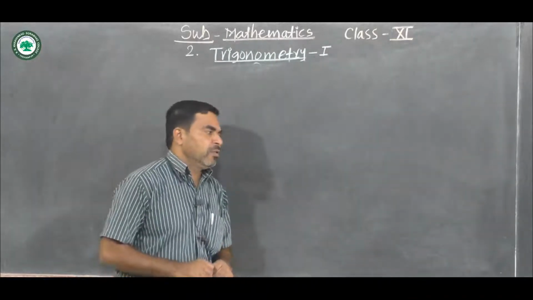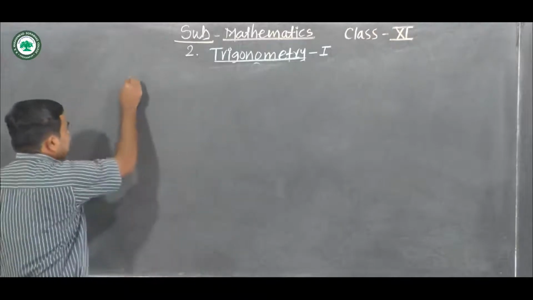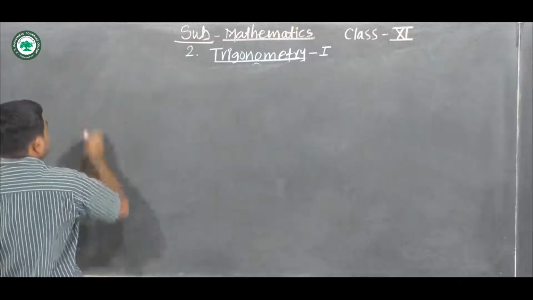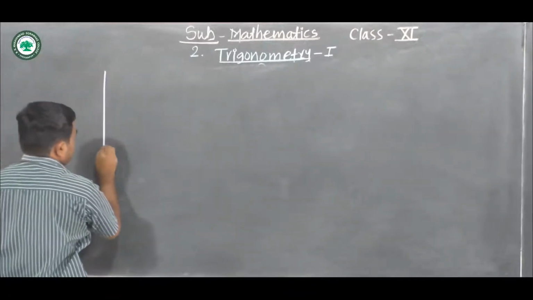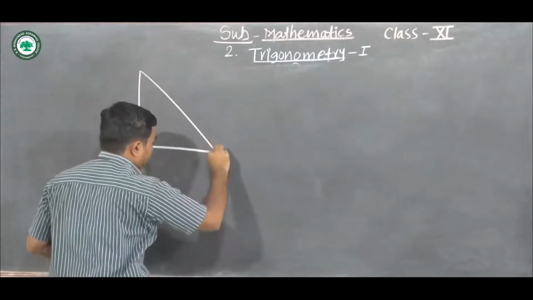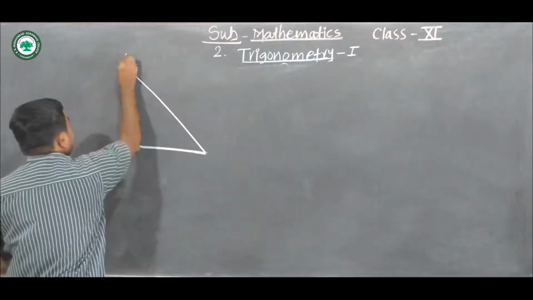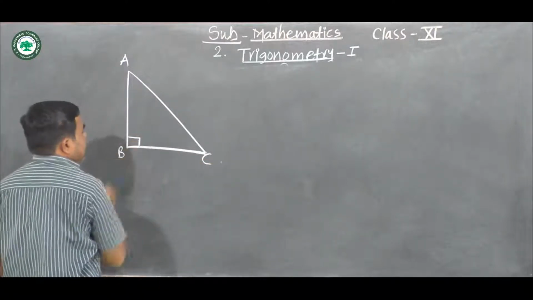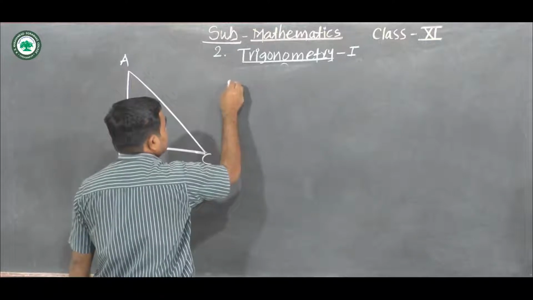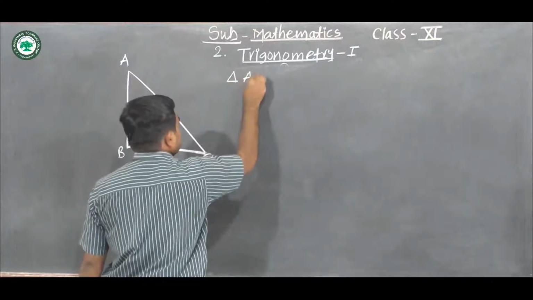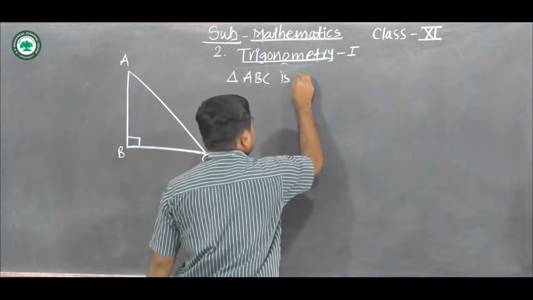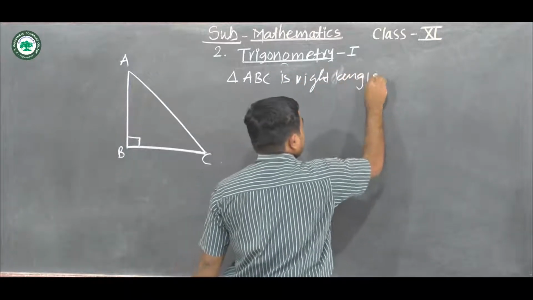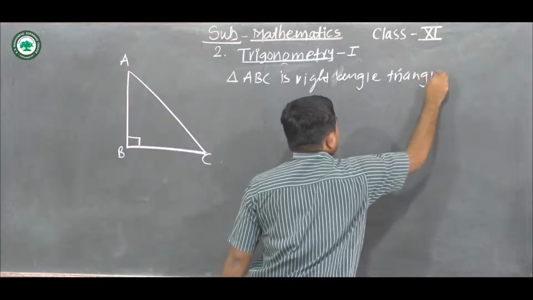in right angle triangle. If right angle triangle is given, that is A, B, C. Here this is right angle triangle.